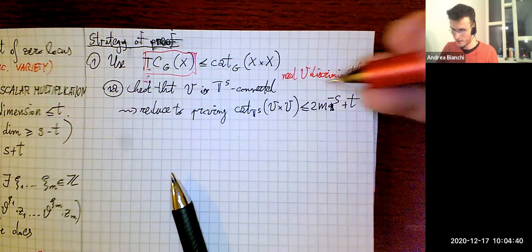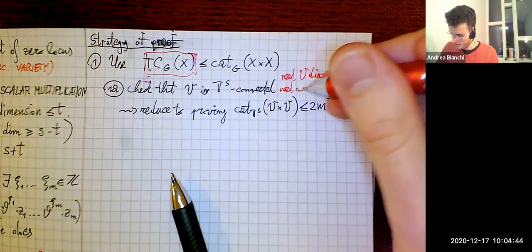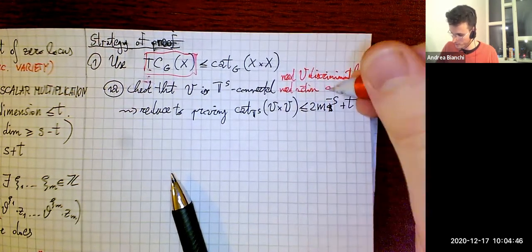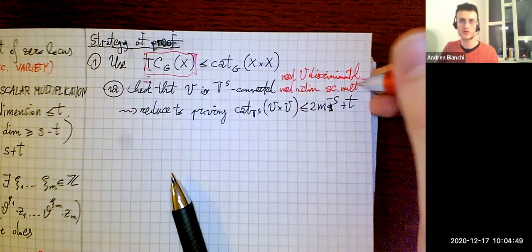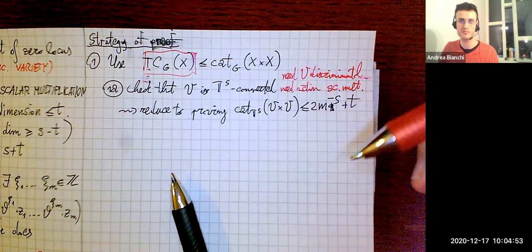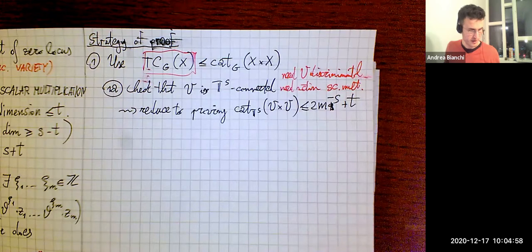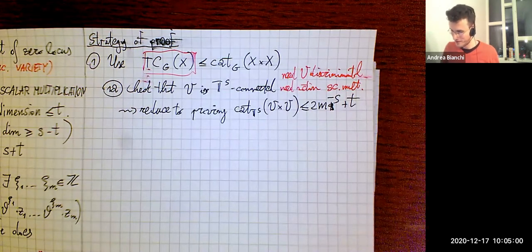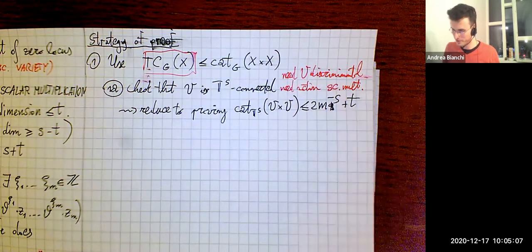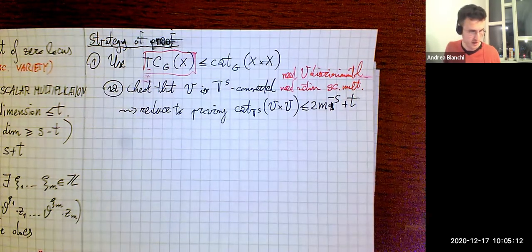We really need it of the form that I told you, and also need that the action is by scalar multiplication, and not just any, say, algebraic flavored action. And the question that I would ask at this point is how can we get rid of this hypothesis? Can one recycle most of the rest of the strategy in other cases?